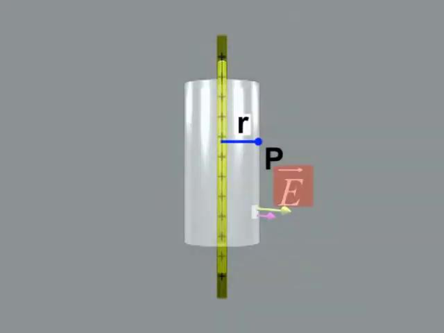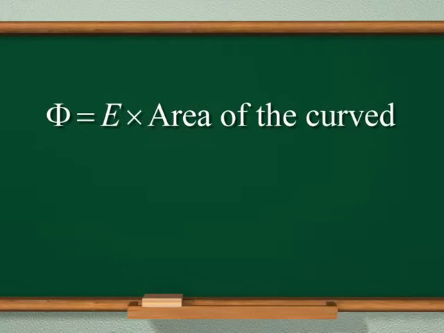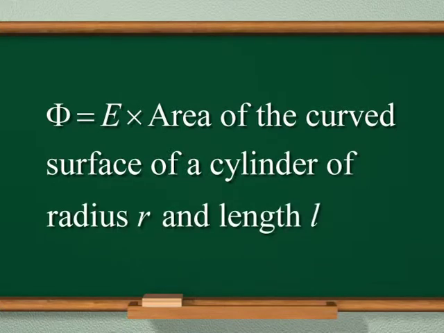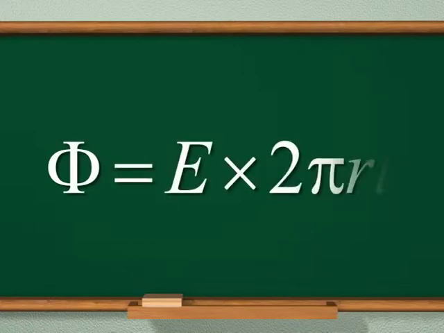If E be the magnitude of electric field at point P, then electric flux through the Gaussian surface is given by capital phi equal to electric field E into area of the curved surface of a cylinder of radius r and length L, or capital phi equal to E into 2 pi rL.